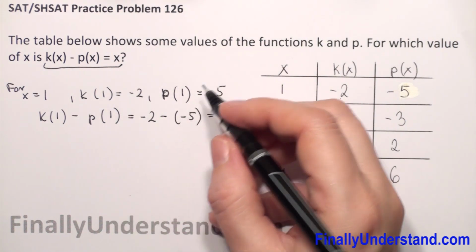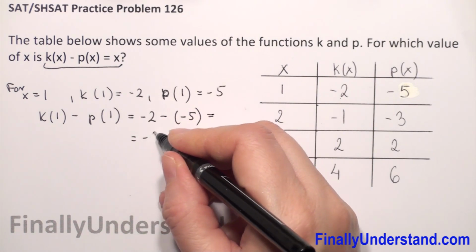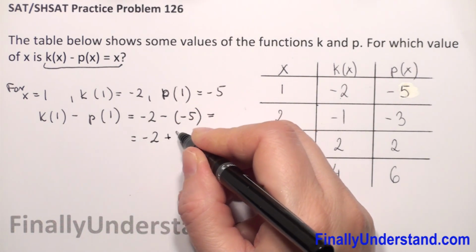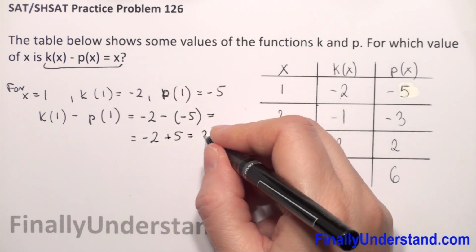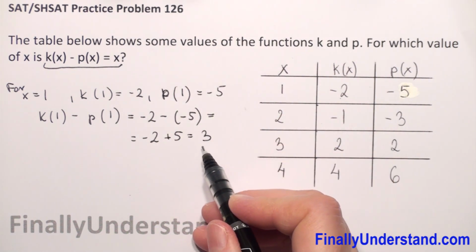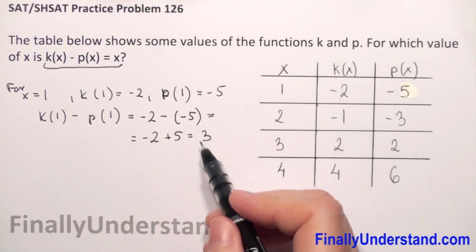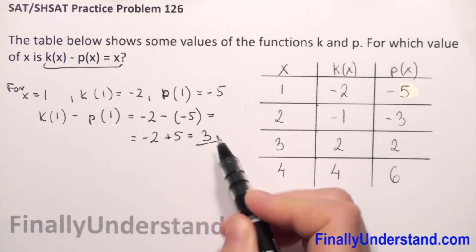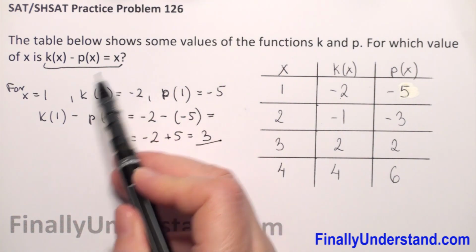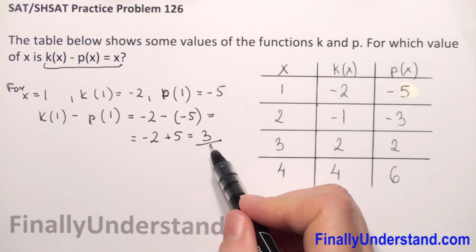So this is equal to negative 2, and negative and negative give positive 5, so this is equal to 3. We got that k of 1 minus p of 1 is equal to 3, and it should be equal to the value x, which is 1. It's not true.